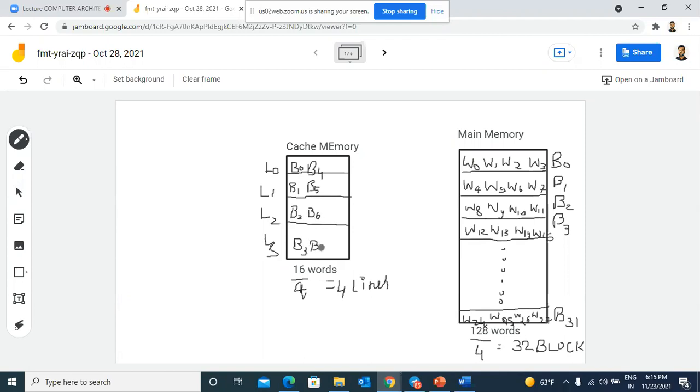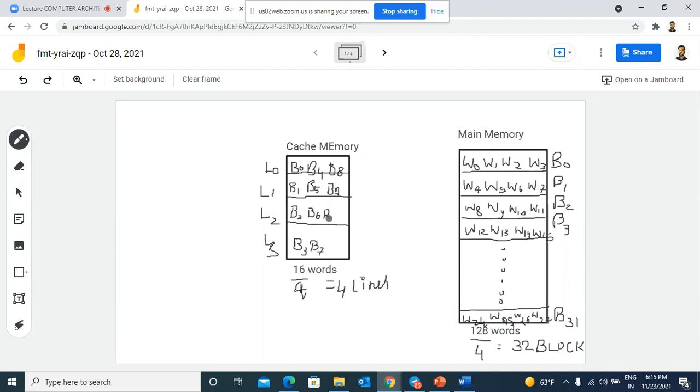So how to calculate the lines? 16 words are there, divided by 4, obviously.